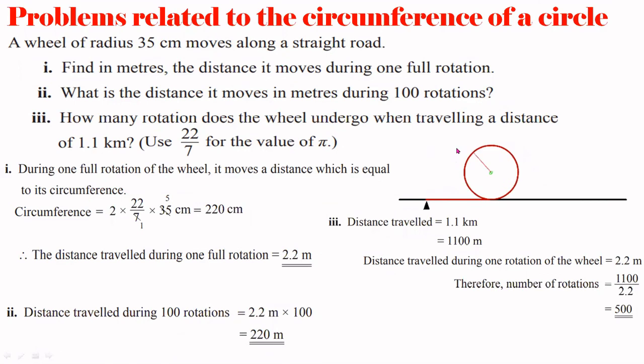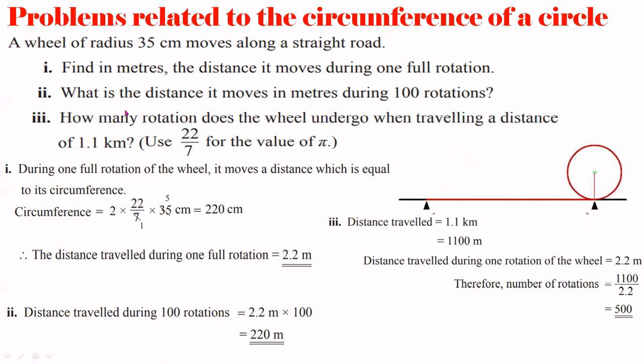If you find the circumference, then that is equal to this straight distance. Here in brown color, can you see the distance? The circumference of the circle is equal to the distance traveled within one round.